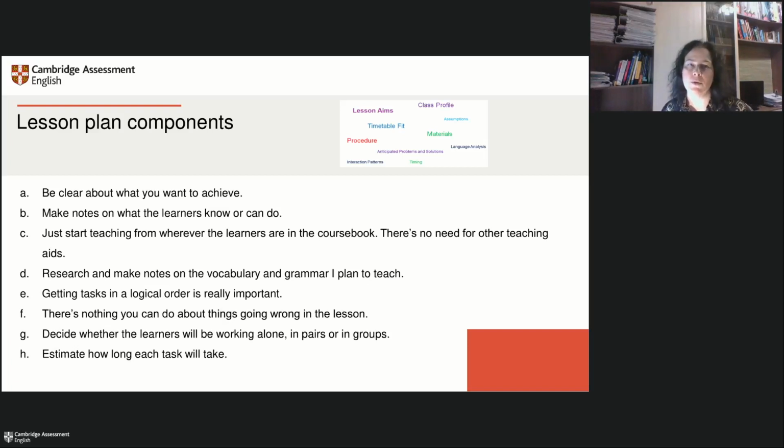What is D about? What lesson plan components do we keep in mind? Language, absolutely. Language analysis, language awareness, you can develop that by preparing for your lesson thoroughly. But you can also plan some techniques to deliver that and clarify all aspects of that language item.